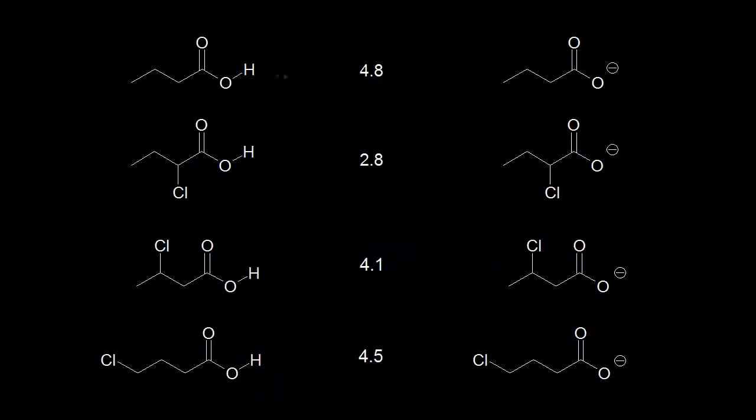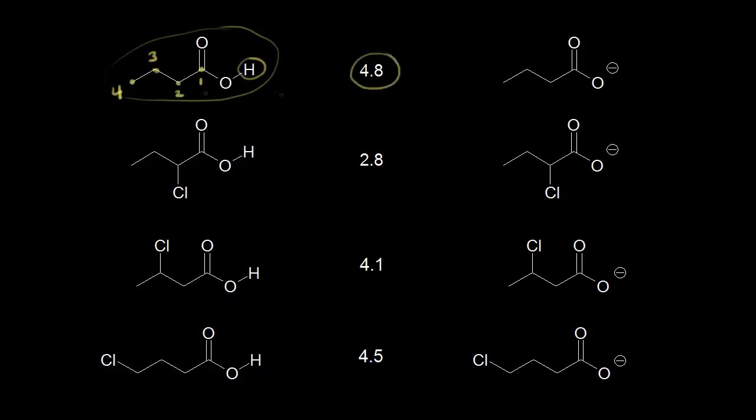The inductive effect falls off over distance. So if we look at this acid here, this is called butanoic acid. So this is carbon 1, this is carbon 2, this is carbon 3, and this is carbon 4. So this proton has a pKa value of approximately 4.8.